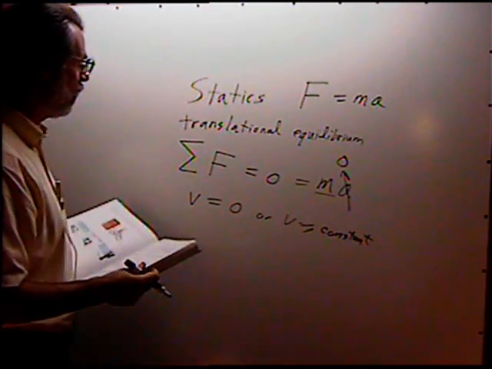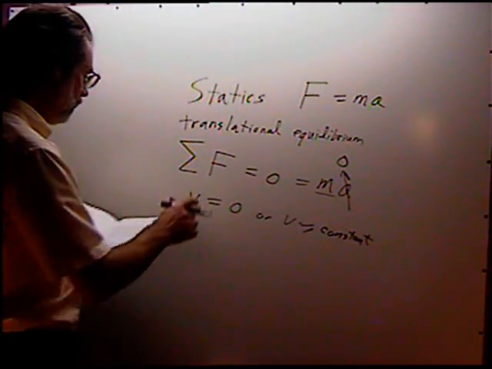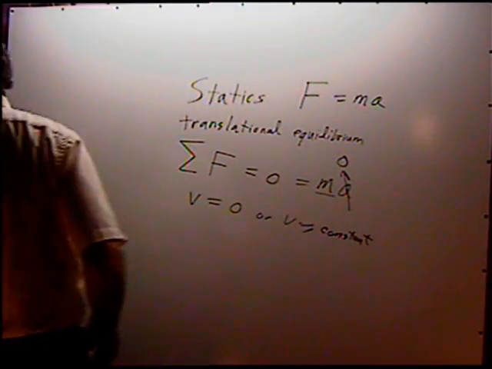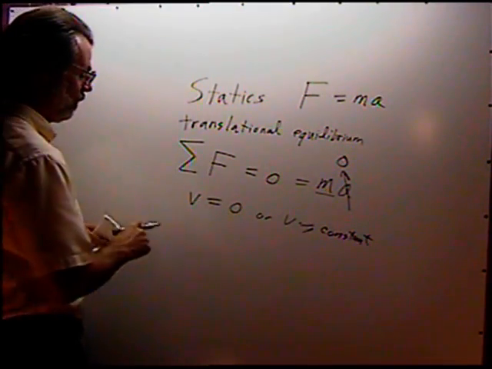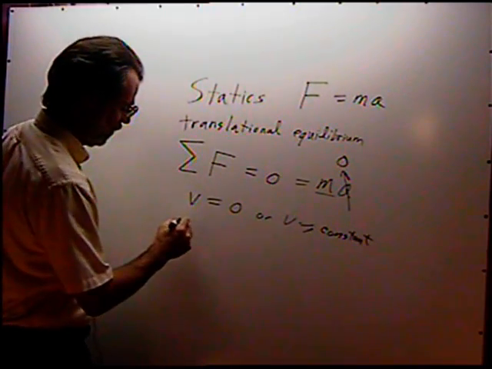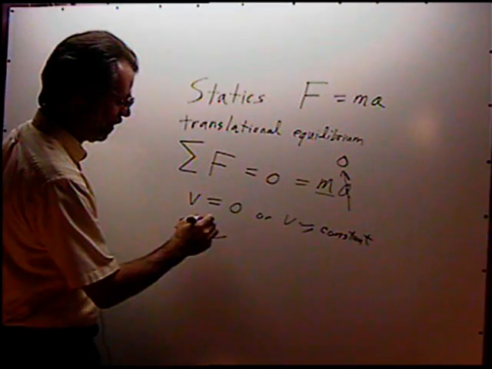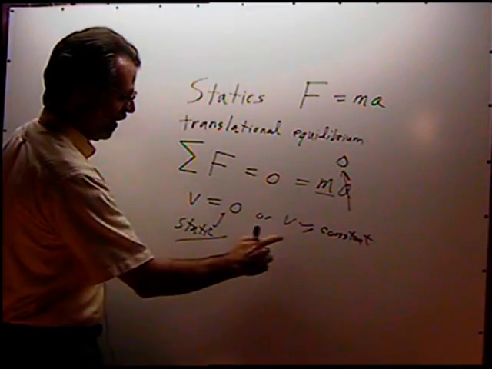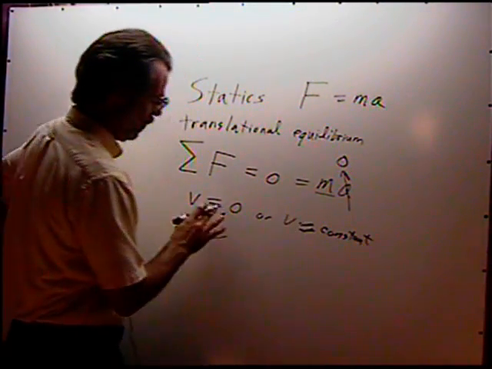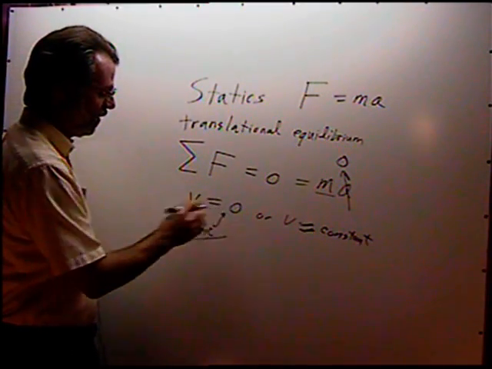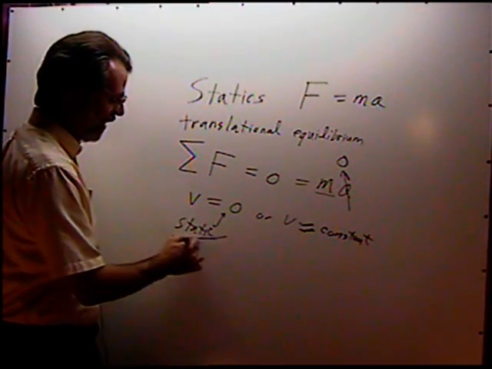On the bottom of page 177, when we have this condition, we have what's called static equilibrium. When there's no velocity, when the object is truly at rest, we're in a static condition.